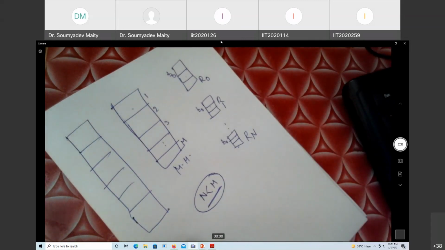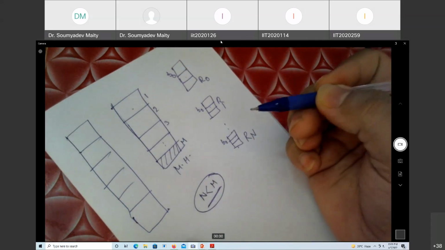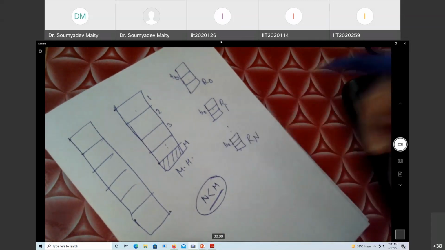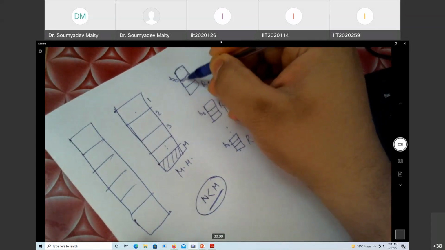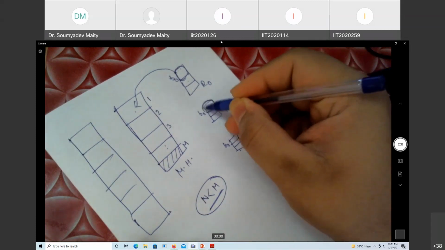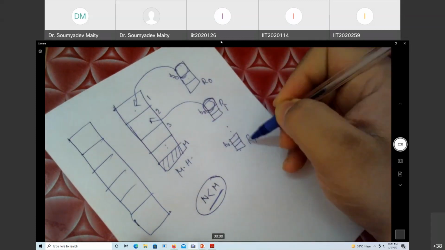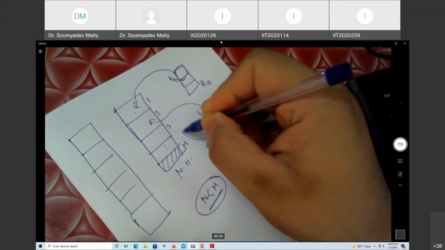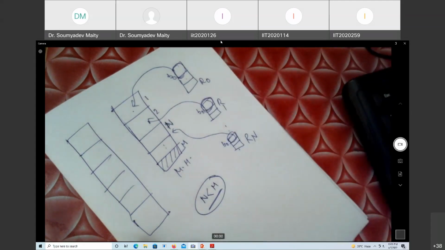Now what we would do, we would take the first block of run file 0 here, the first block of the second run file here, and in this way the first block of the nth run file will be taken in the nth block of the available memory.